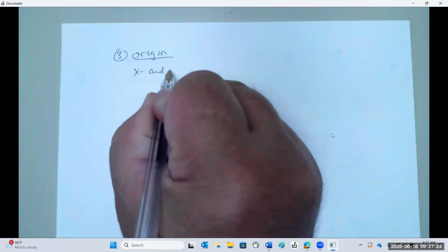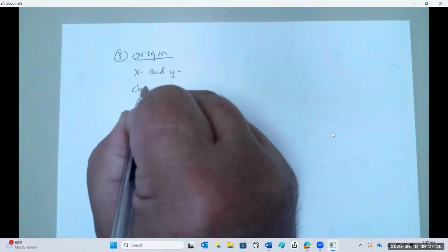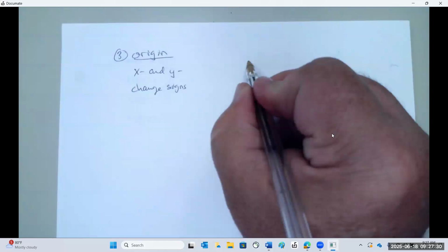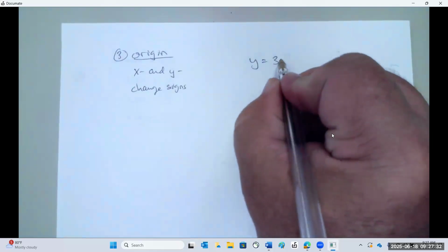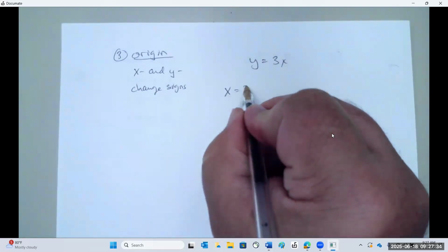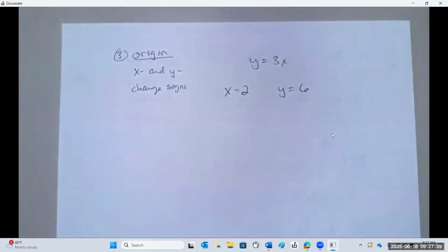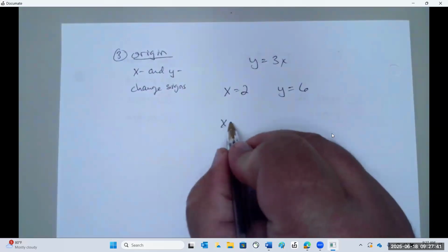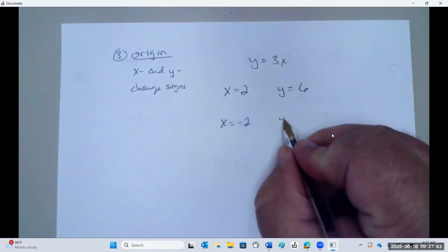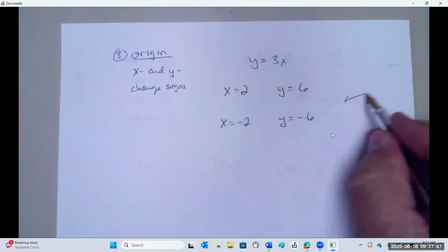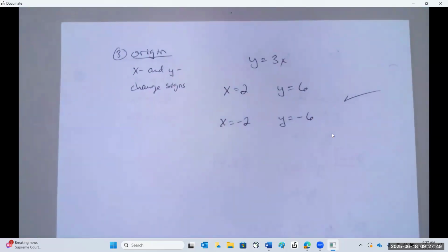X and y change signs. So let's see. If I put 2 inside there, my y becomes 6. If I put -2 in there, y becomes -6. Check. So this is symmetric about the origin.